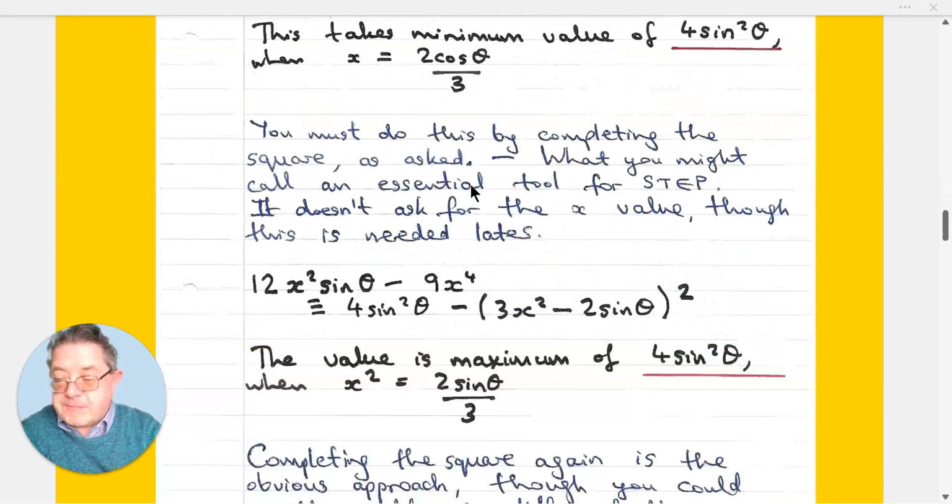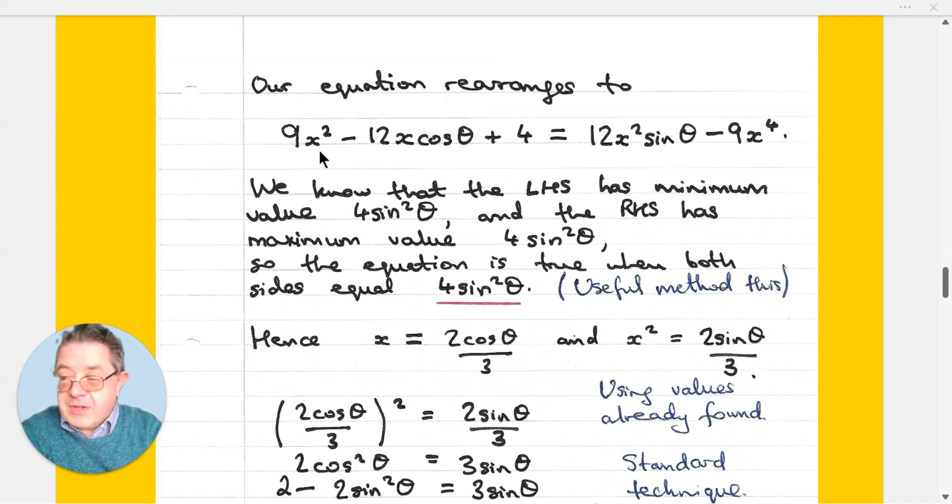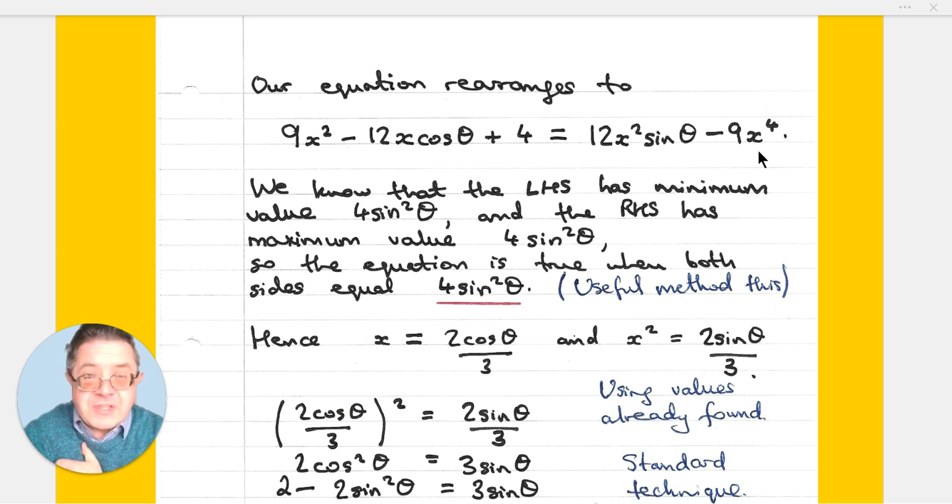In other words, what we have is 9x squared take 12x cos theta add 4 equals 12x squared sine theta take 9x to the 4. Now we just discovered the left hand side has a minimum value of 4 sine squared theta, and the right hand side has a maximum value of 4 sine squared theta. So the only way they can be equal is when both sides equal 4 sine squared theta, one being maximum and the other being minimum.